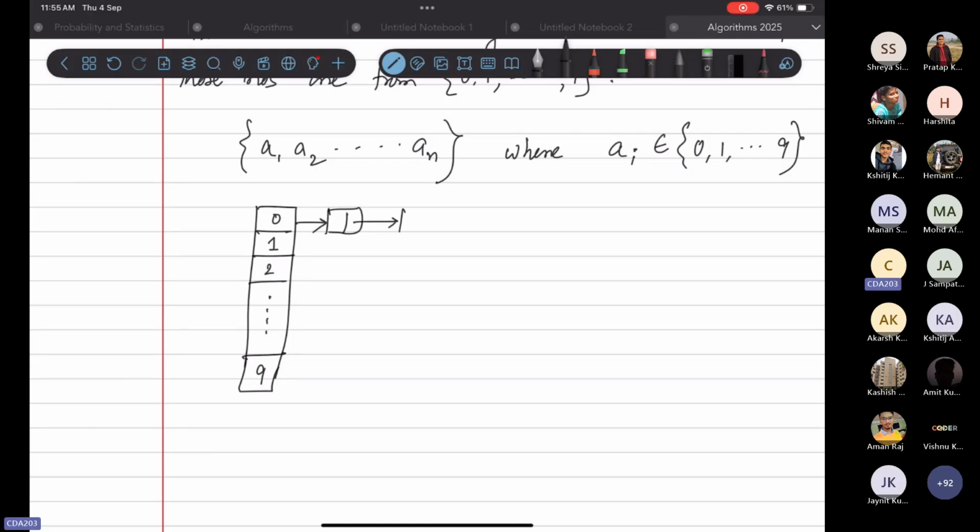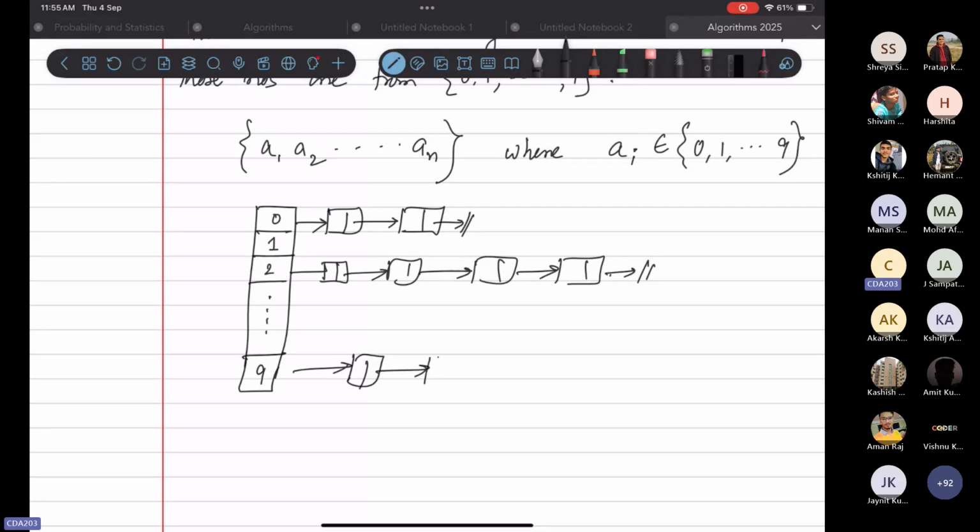It's basically some kind of a list. If I see a 2, then I'll put it in the list for 2 there. Like this, I'll store all these numbers.